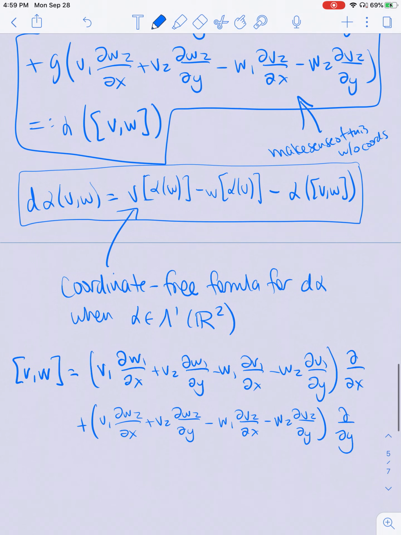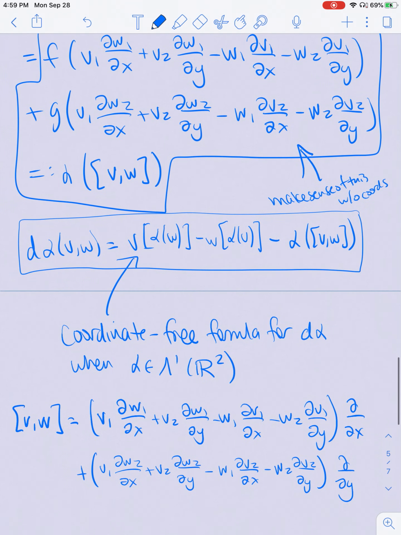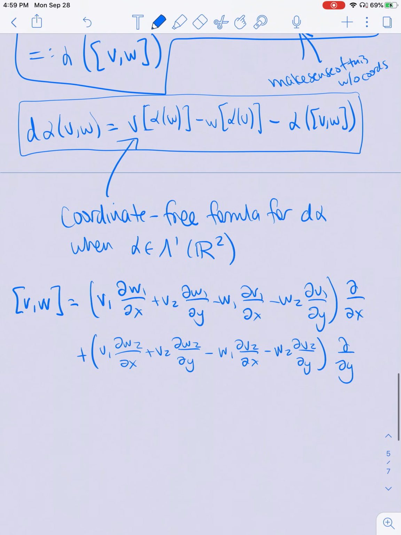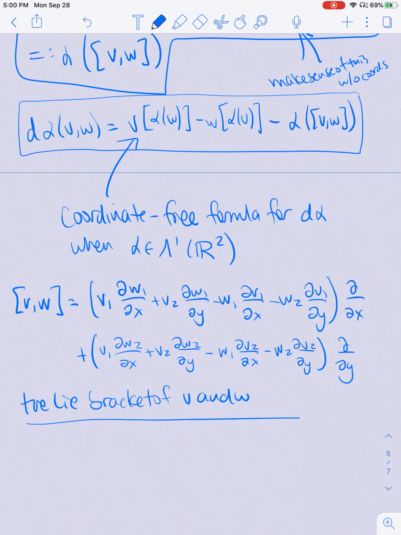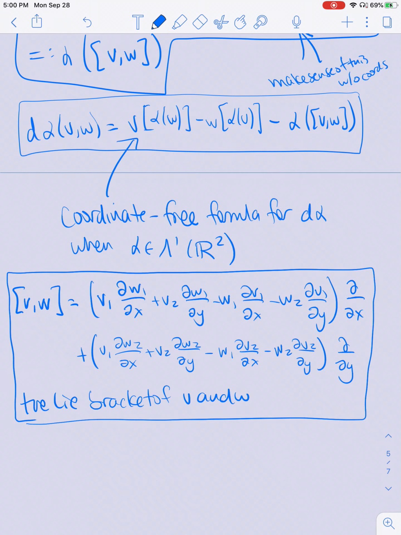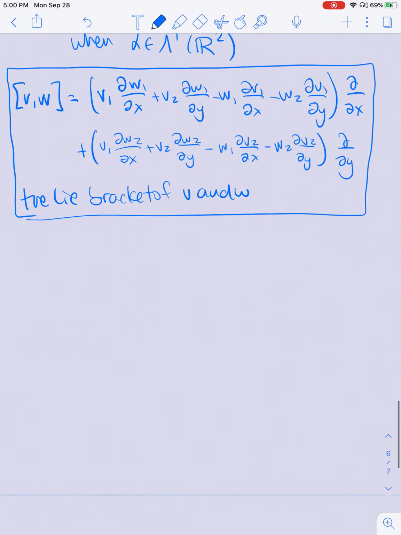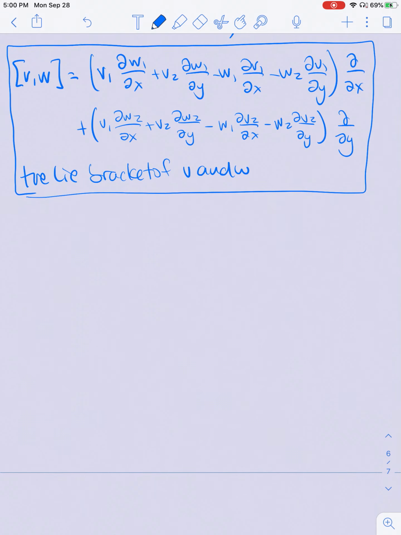So what I'm claiming is that there's some vector field which in coordinates is given by this formula, and it has some coordinate-free definition. This vector field is called the Lie bracket of v and w. Lie is a person. So this defines the Lie bracket, or well, it's one way to define it. But I'm claiming there's a coordinate-free way to do it.